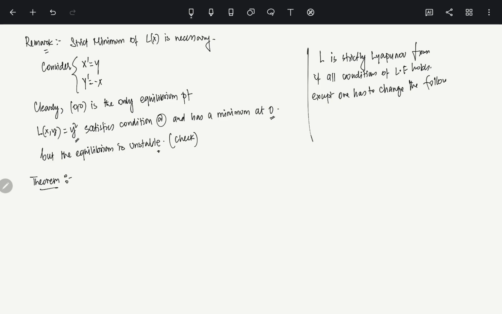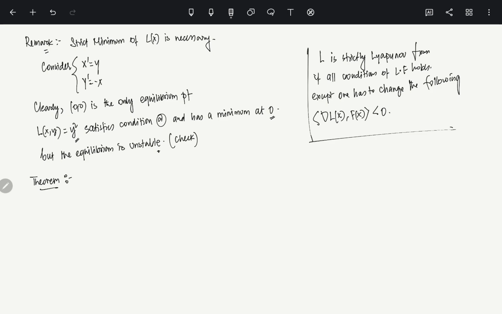The first condition, gradient of L of x acting at f of x, should be strictly less than 0. Earlier it was less than or equal to, so non-increasing. But now I want this to be strictly decreasing.